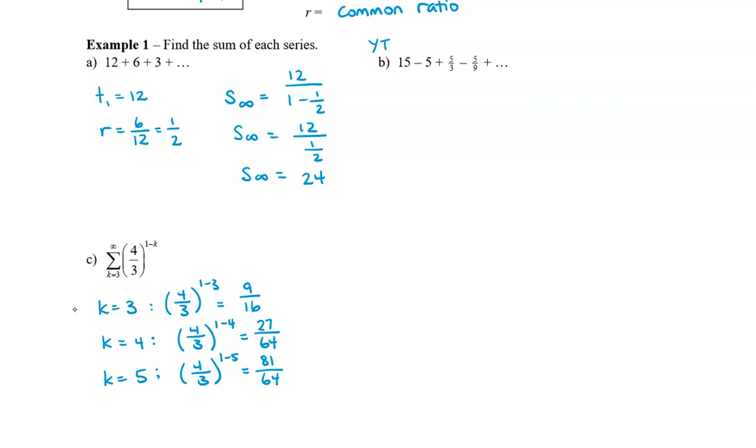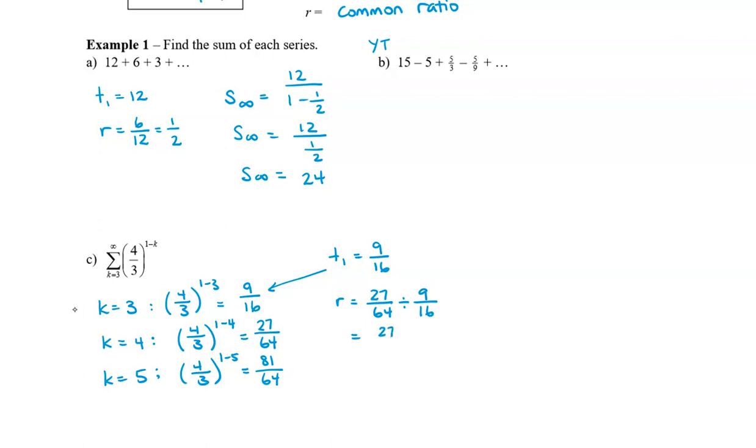All right. So from here, we can see that our first term is 9 over 16. That's our first term here. And then our ratio, let's take 27 over 64, and we're going to divide that by our previous term, which is 9 over 16.